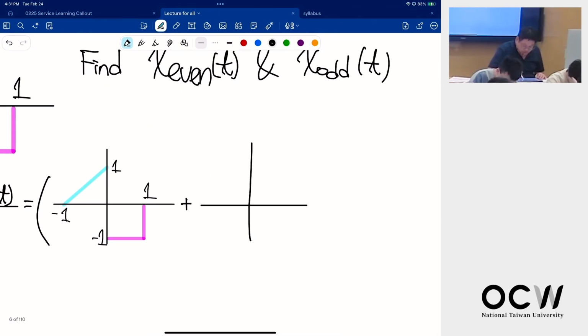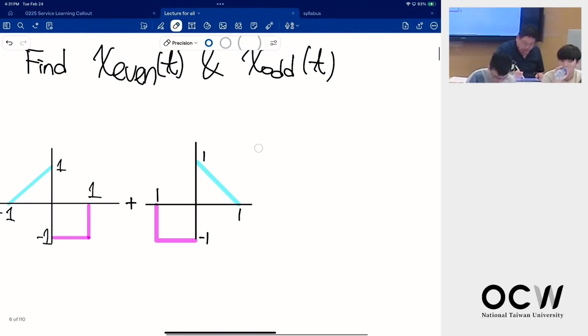So what is the reverse signal? We have the blue one and the pink one here. That's 1, 1, -1, and 1.